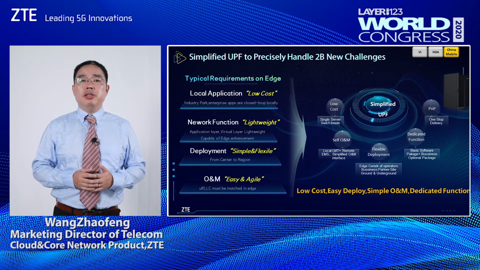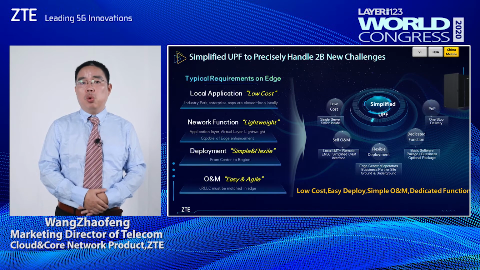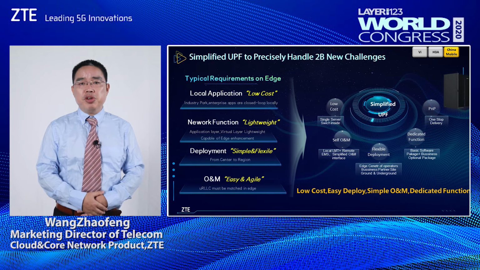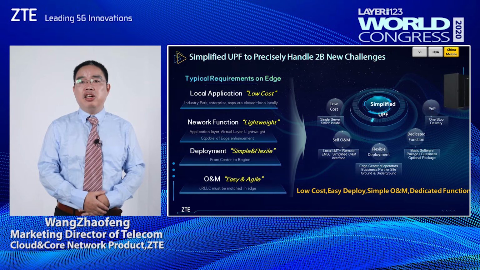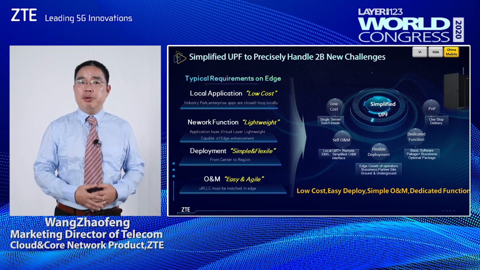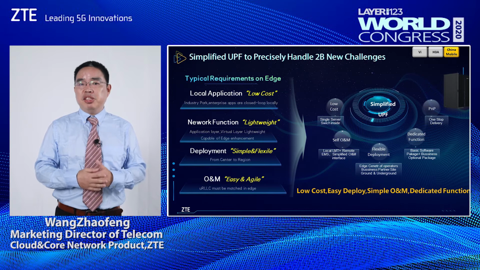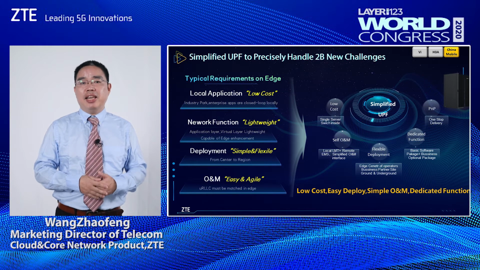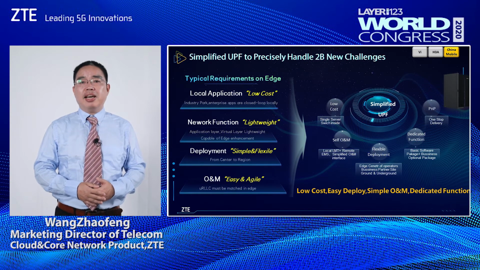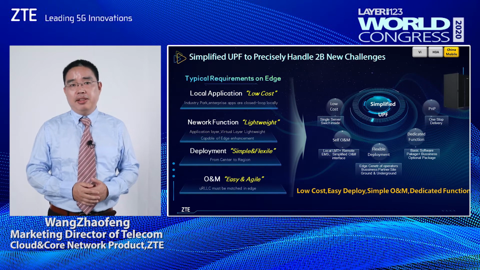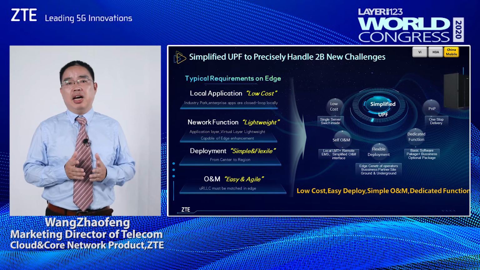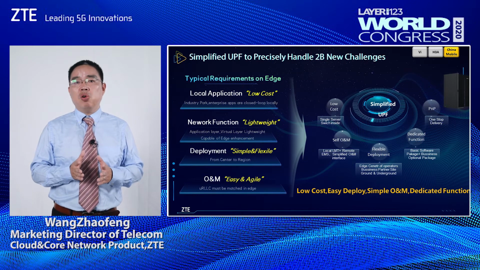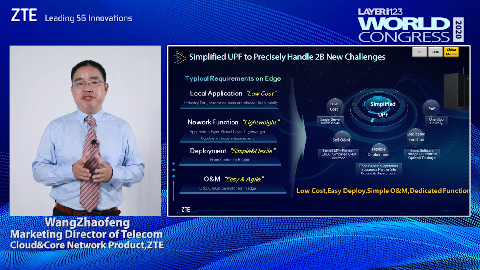ZTE Common Core simplified UPF solution, with the minimum number of single servers free of switches, can support lower cost deployment, with the characteristic of factory pre-debugging, unpacking and immediate use, plug and play. In terms of network function customization, lightweight cloud platform and edge enhancement are implemented in accordance with local application features to achieve the dedicated functions.